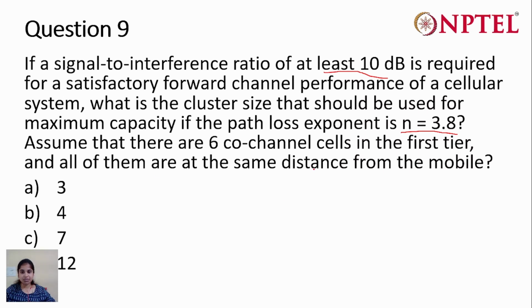We are taking that we have 6 co-channel cells in the first tier and all of them are at the same distance from the mobile. What we have to find is the cluster size that should be used for maximum capacity when n is equal to 3.8. What is given is SIR. So how do we proceed with this?